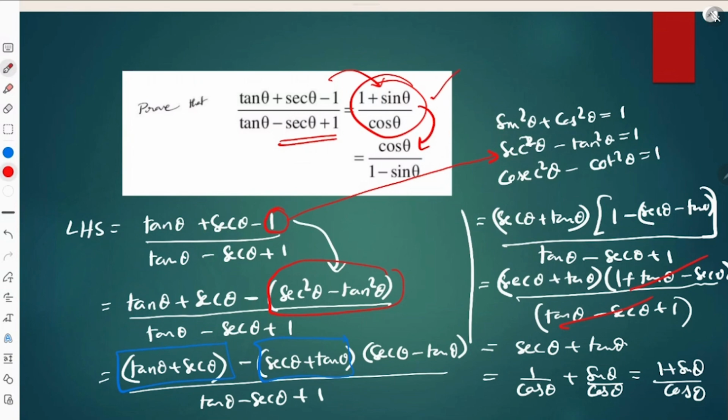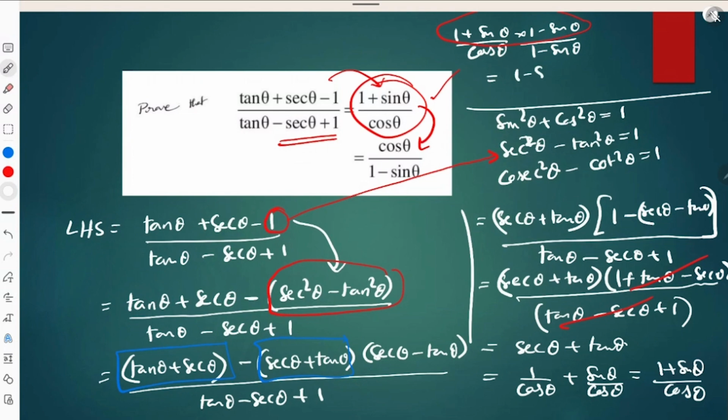Now, if you multiply and divide, we are left with 1 plus sin theta by cos theta. If you multiply and divide with 1 minus sin theta by 1 minus sin theta, the numerator a plus b into a minus b will be converted to 1 minus sin square theta by cos theta into 1 minus sin theta.